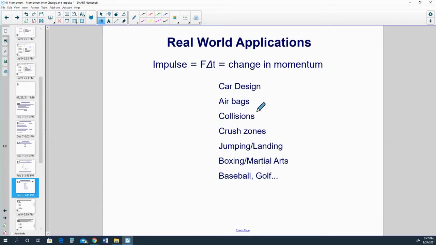Same thing with crush zones in certain collisions. That's taken into account in car design. Jumping and then landing: if you just land with straight legs, that's going to hurt a bit. But if you bend your legs a bit as you land, that doesn't hurt as much. And you see it in a lot of other applications in sports, etc.